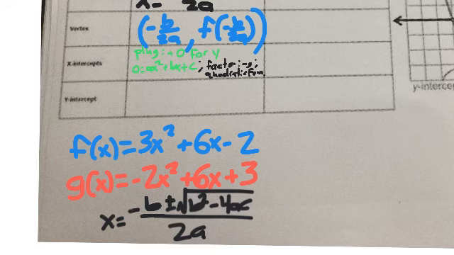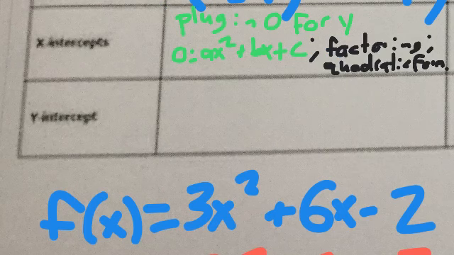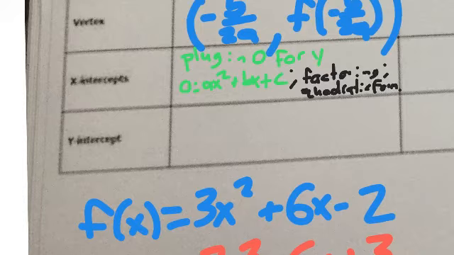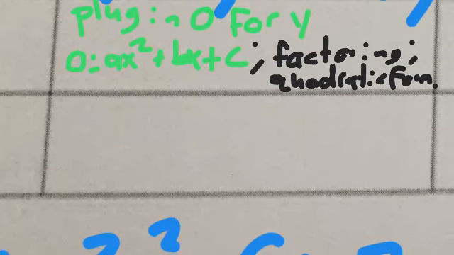Next, we're going to find the y-intercept. So if our equation is in general standard form, ax squared plus bx plus c, we find the y-intercepts by plugging in 0 for x. Y-intercept, that occurs when the x value is 0. So we're going to plug in 0 for x.